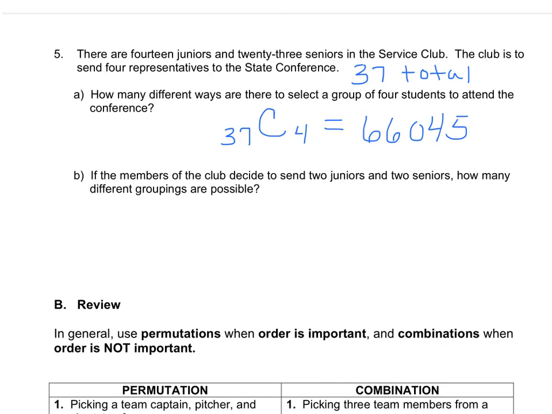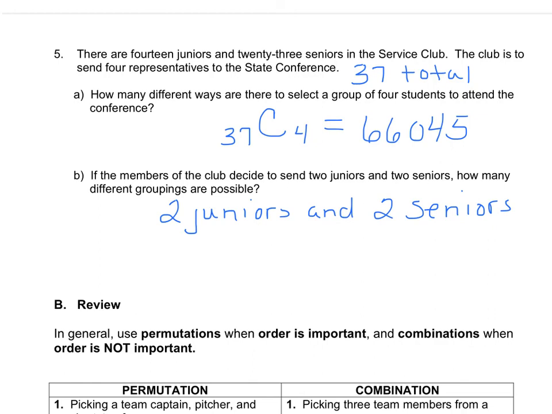So I need 2 juniors, and 2 seniors. So basically I'm looking to send a specific amount of juniors and a specific amount of seniors. Please remember, in probability, the word and means to multiply.